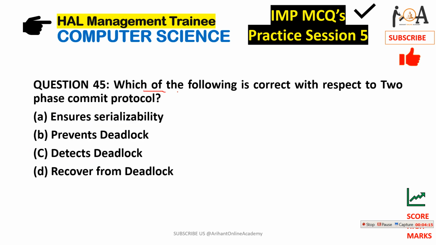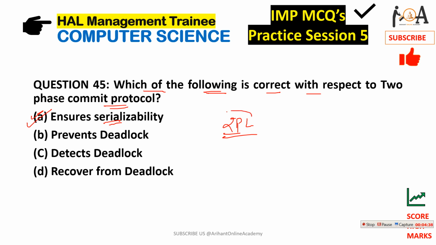Next question is, which of the following is correct with respect to the two-phase locking protocol, 2PL? In respect of that, which of the following statements is correct? 2PL basically ensures serializability.